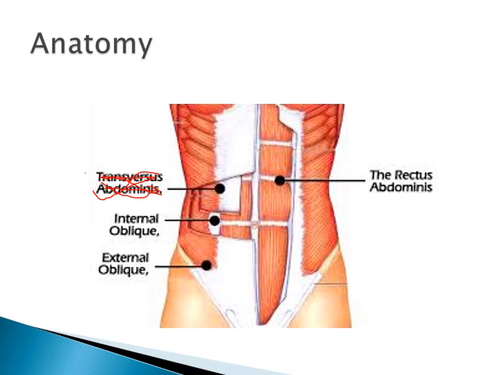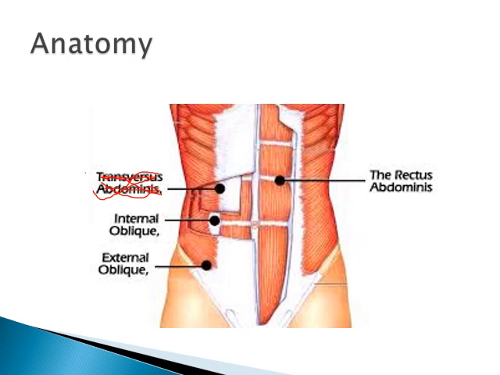One of the interesting things that we're going to be talking about later on is that one of the best techniques used to support the abdominal and low back region is what's referred to as abdominal bracing. It's a fairly simple technique, but sometimes people have a little trouble doing it properly, so we'll talk in class about how to do it.